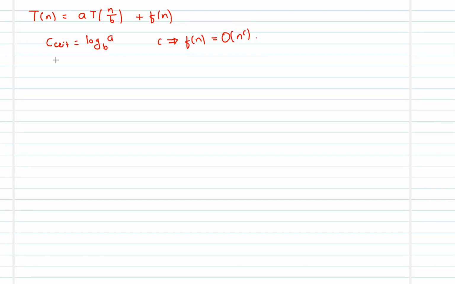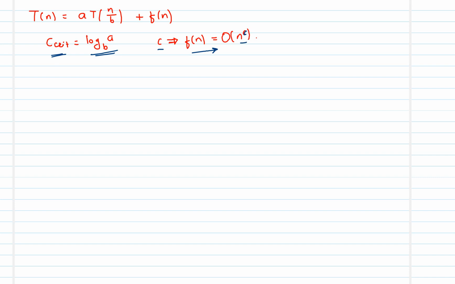Let's discuss this case. We have discussed case 1 and case 2 in the previous video. So now we'll discuss the second case of master theorem. When we have a recurrence relation of the form T(n) = aT(n/b) + f(n), and the critical value which we have calculated is log of a to the base b, and the value of c will be obtained by representing f(n) in the form of big O of n to the power c.